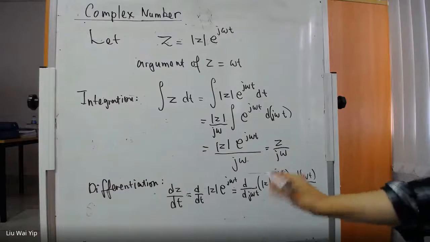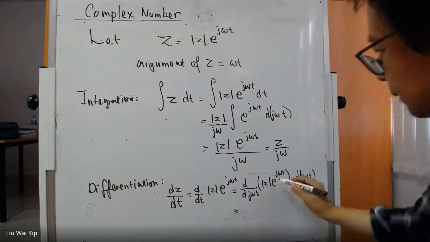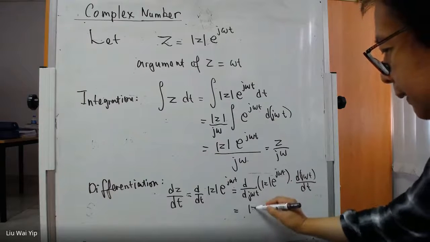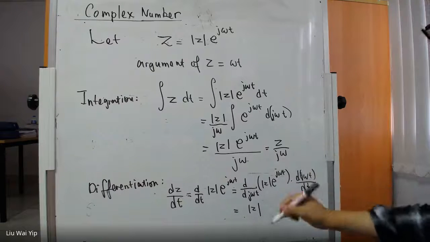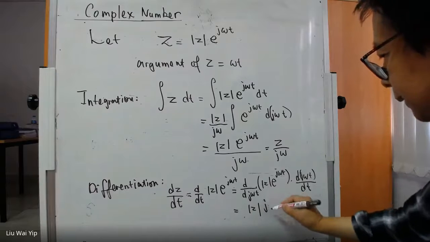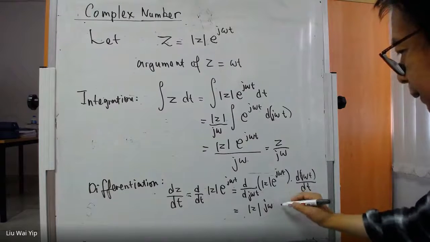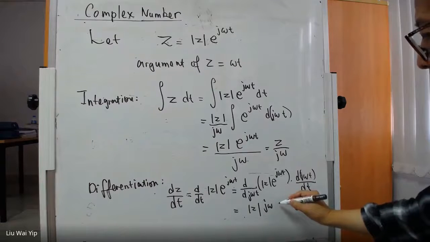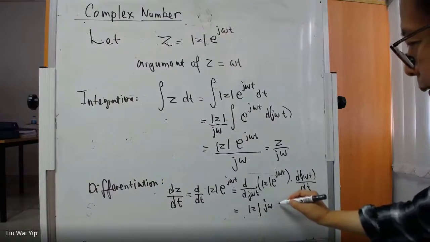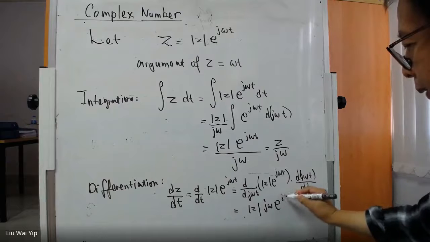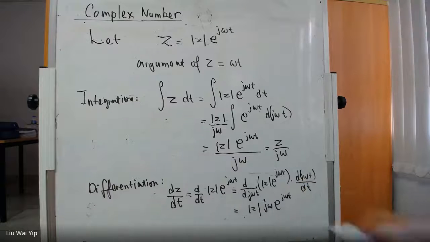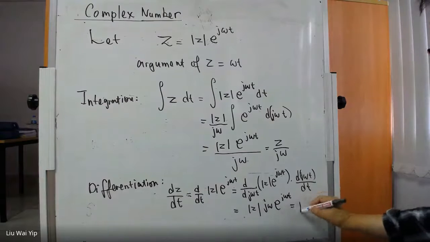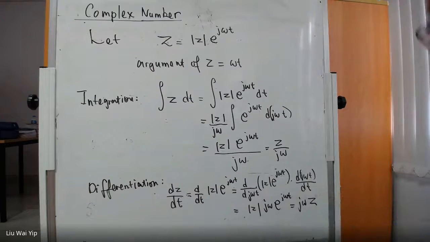So if you do that, then the final answer will be Z and then j omega and then e to the j omega t. So the answer is very simple. You can continue: j omega Z. So this is the final answer.